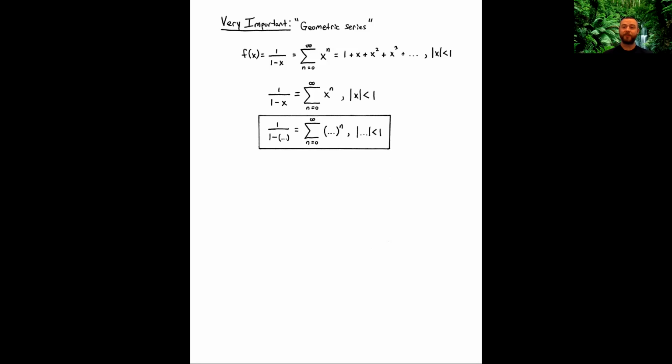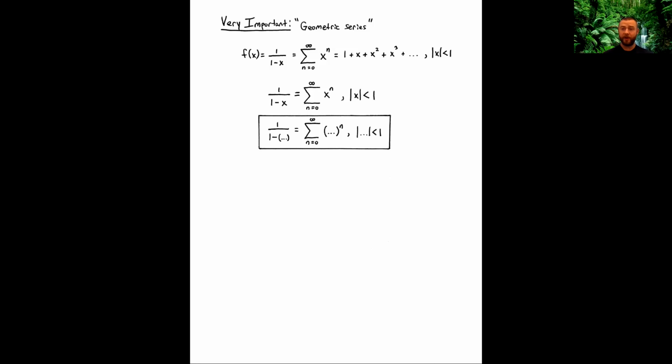If we have something other than x in that denominator, and we can rewrite the function to look like that, then we can make a replacement with whatever appears in those parentheses in the denominator. We replace it on the right-hand side in the summation within the power series.